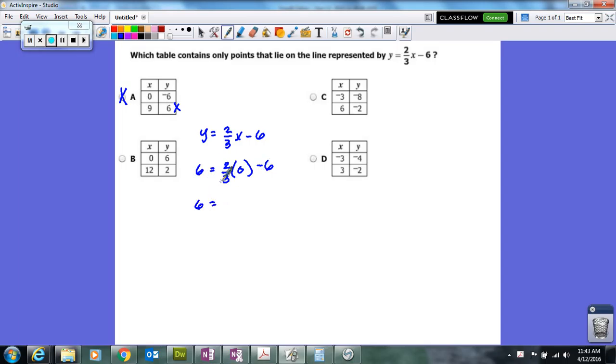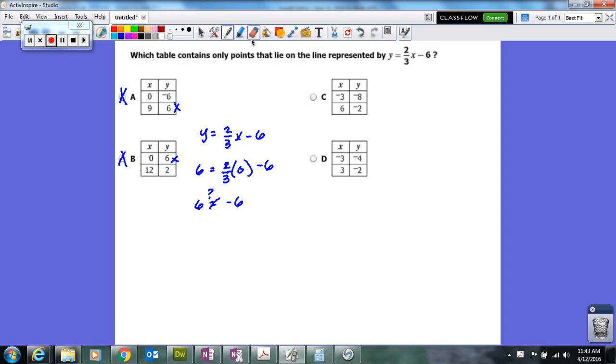Well, 0 times anything is 0. That's a big fat 0 again. -6. Does 6 equal -6? No, of course it doesn't. So the very first ordered pair in answer B failed the test. So we can cross out answer B.